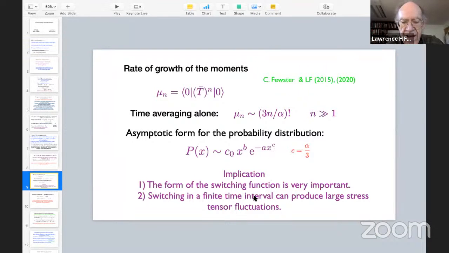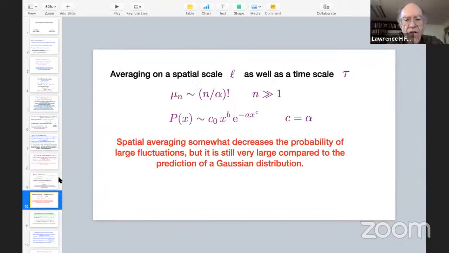And switching in finite time, namely the fact that you have to have alpha less than 1, can produce very large stress tensor fluctuations. So in particular, if we average in space as well as in time, you get somewhat more complicated behavior.